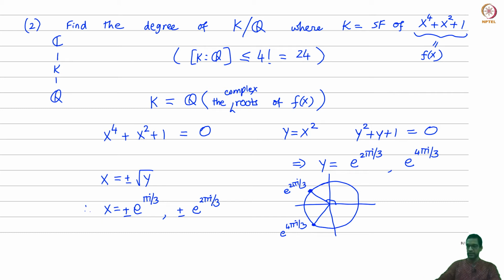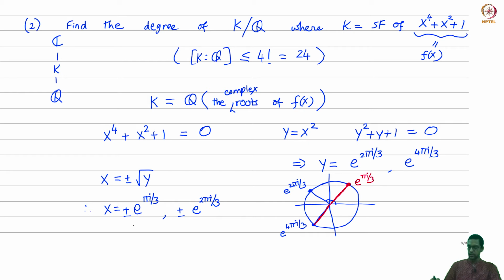Let's also locate these roots on the diagram. For e to the 2 pi i by 3, the square root is something which makes half the angle. So this is e to the pi i by 3. Minus e to the pi i by 3 is just the thing diametrically opposite, on the other end of the diagram. So this is actually the same as e to the 4 pi i by 3.